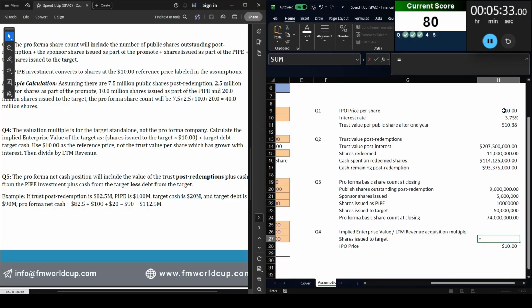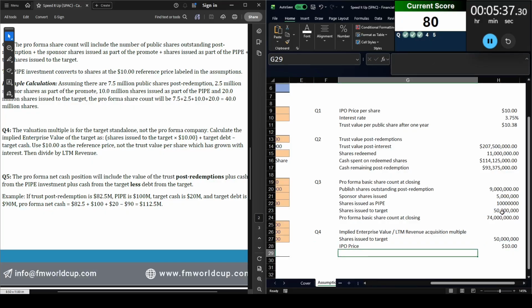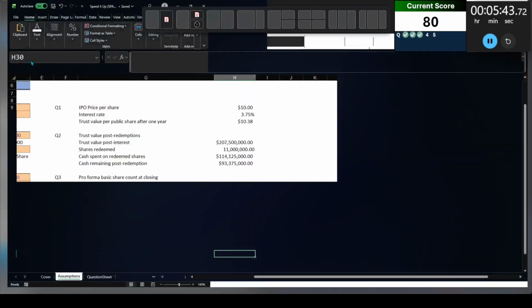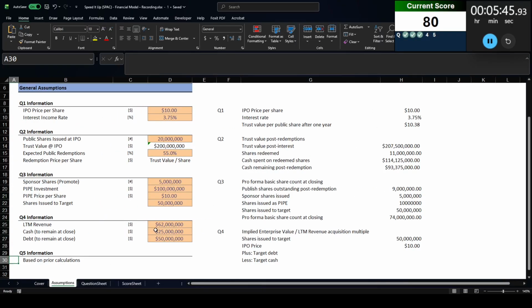Shares issued to target is listed right there, so we can use that. Plus target debt less target cash, and I believe those two numbers are listed right there. So plus target debt, we'll add that, minus target cash, we'll put there.